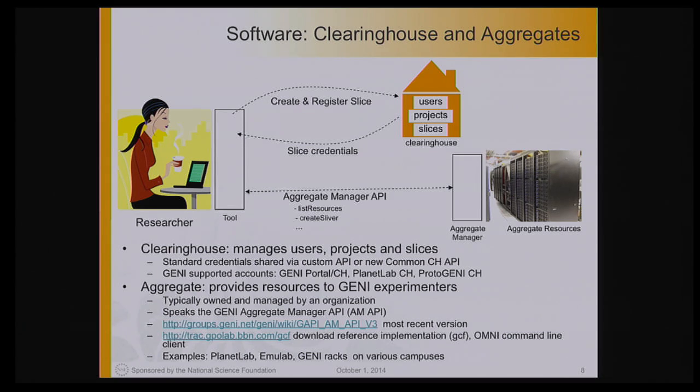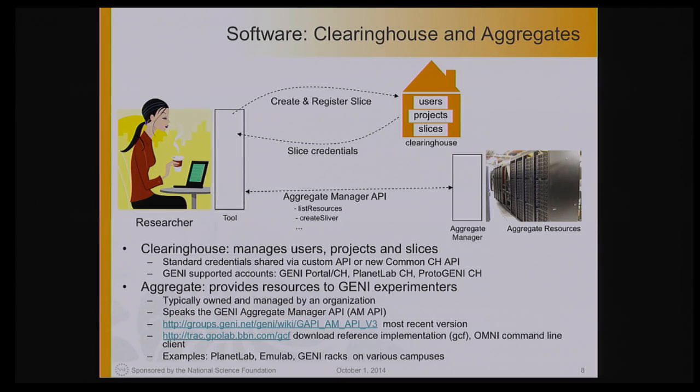So if you're sitting at your house or in your office, you can use the Genie interface, either the programmatic interface or the web interface, to create and register a slice, and that's where you're going to run your experiment.